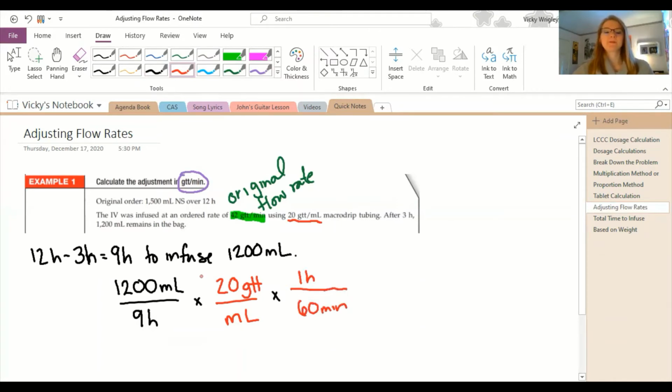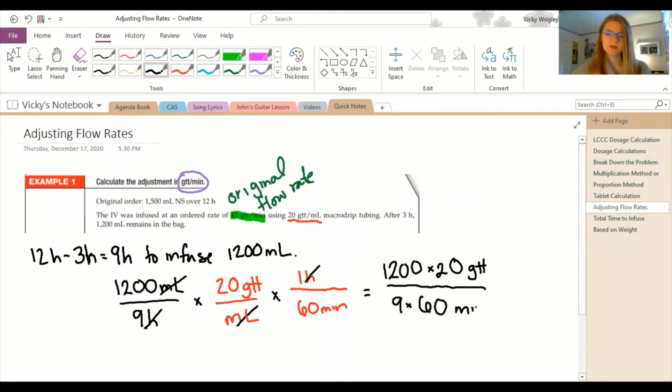So I'll multiply this formula also by 1 hour over 60 minutes. And I made sure to keep hours on the top so that the units would cancel out with each other. So when we do this multiplication, milliliters are going to cancel, hours are going to cancel, and we have 1,200 times 20 drops over 9 times 60 minutes.